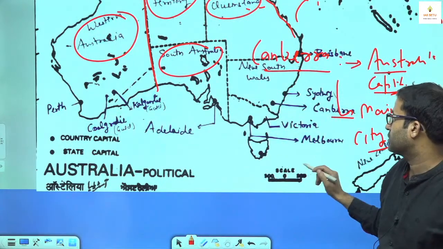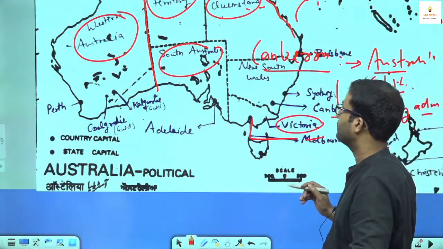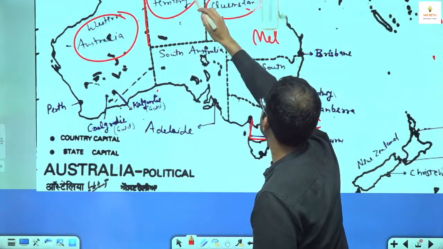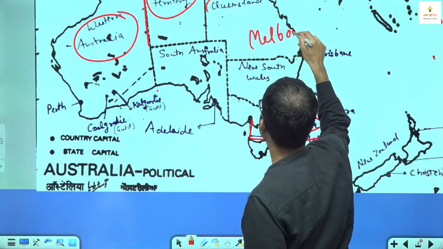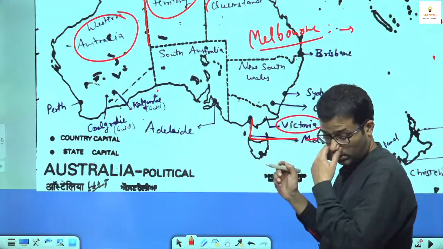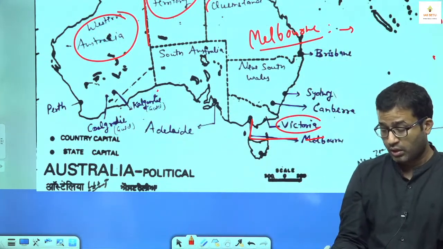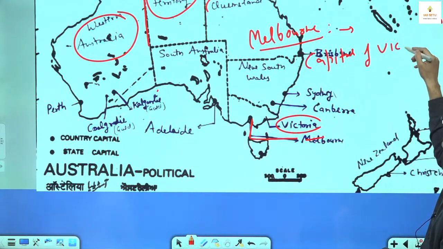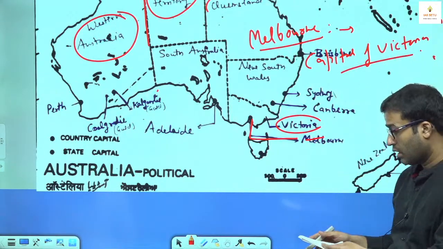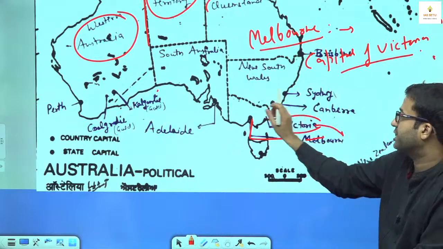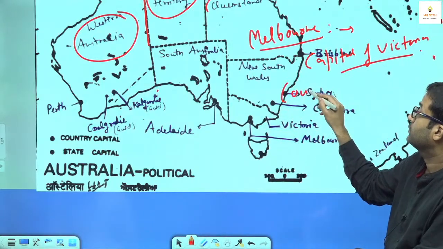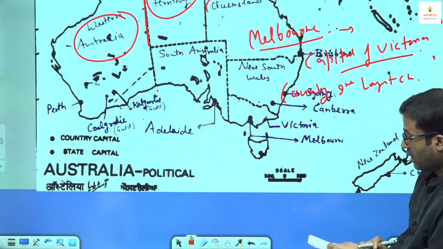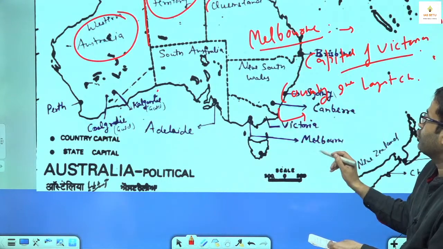Now next we come to Melbourne. This is the capital of Victoria. It is the country's second largest city, and it is also the former capital of Australia.